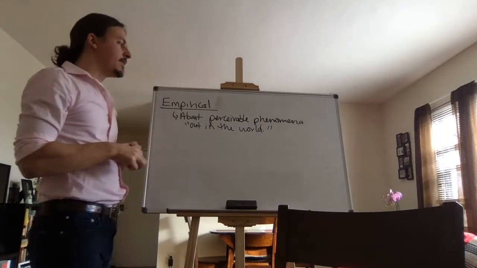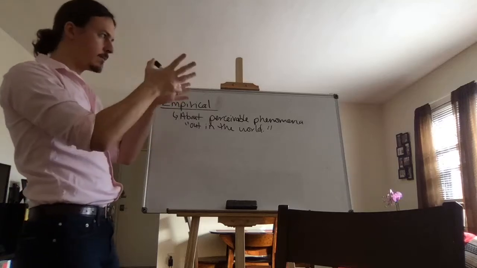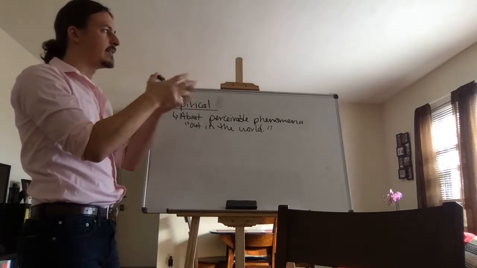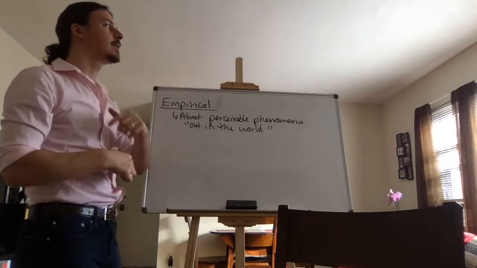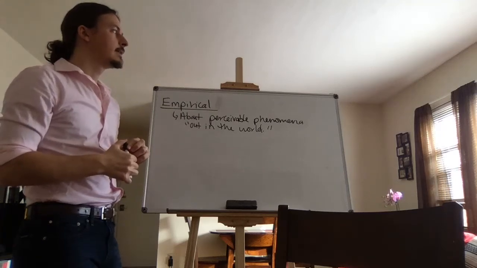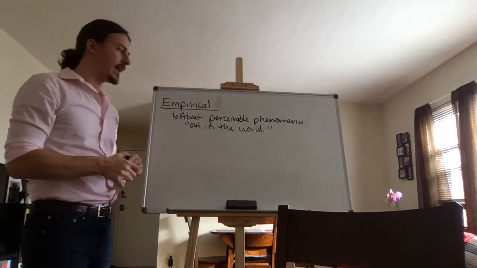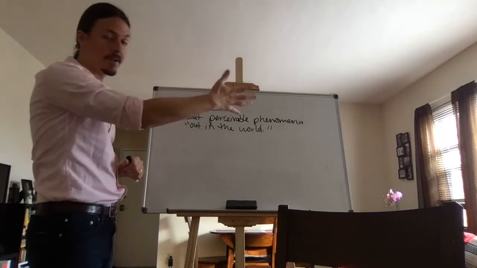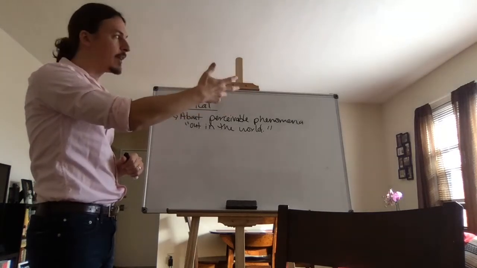For example, if I looked outside and I said, it is windy right now, that's an empirical claim, because it's a claim about some phenomena out in the world.